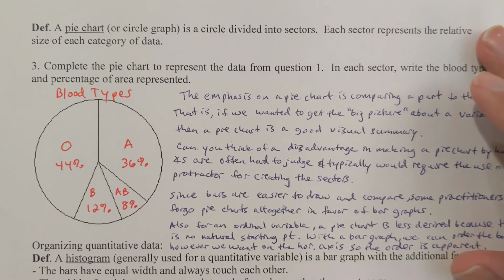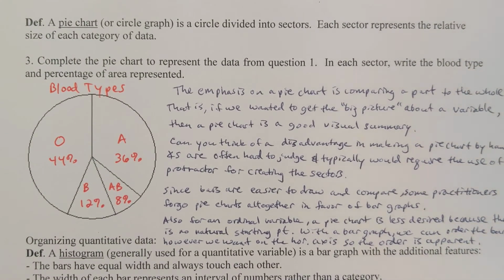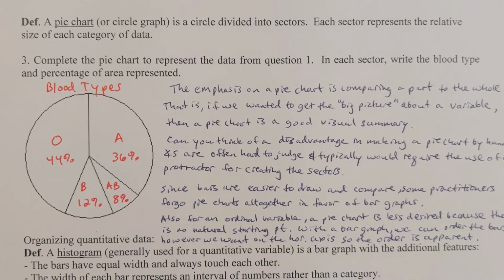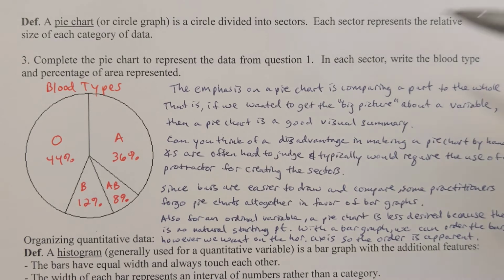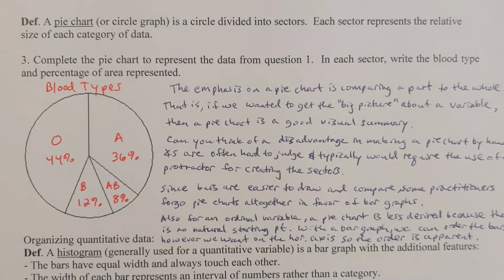The next type of graph to know is called a pie chart, or a circle graph, they sometimes call it. That's a circle that's divided into sectors. Each sector represents the relative size of each category of data. So problem 3, I want to complete the pie chart to represent the data from question 1, and that was with the blood types.